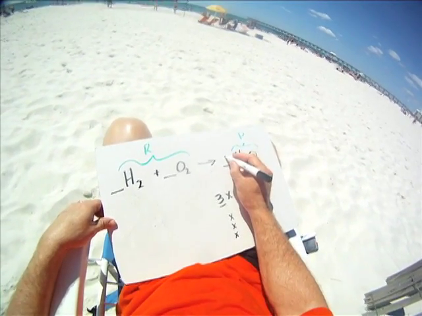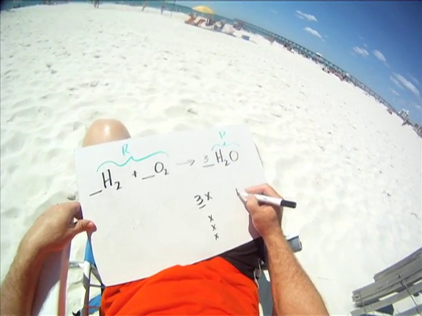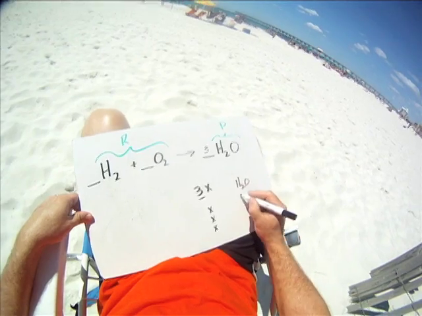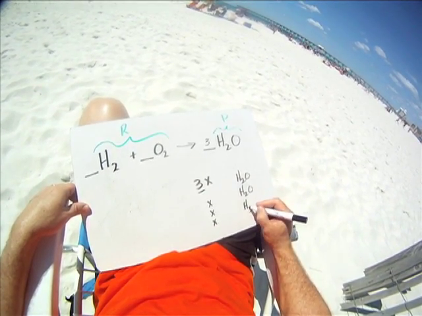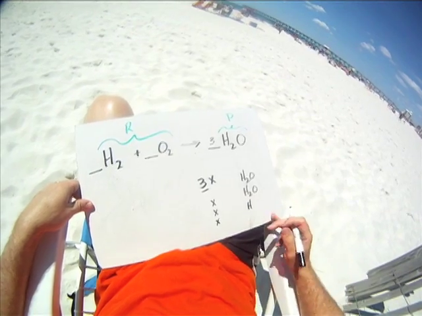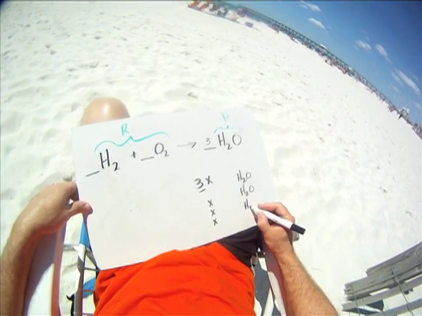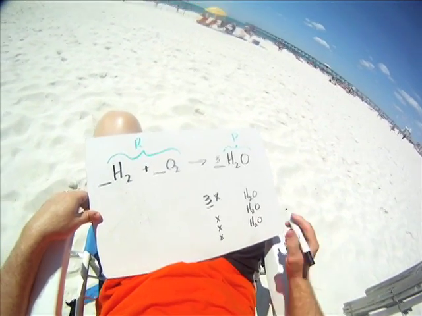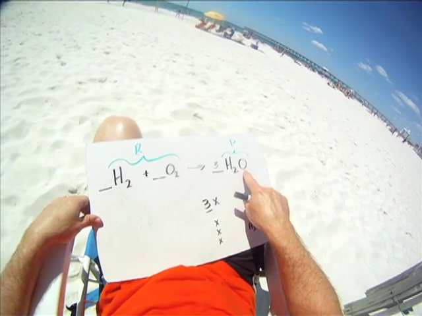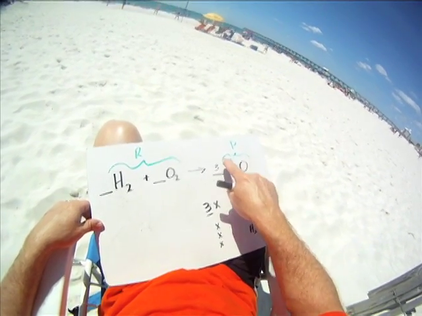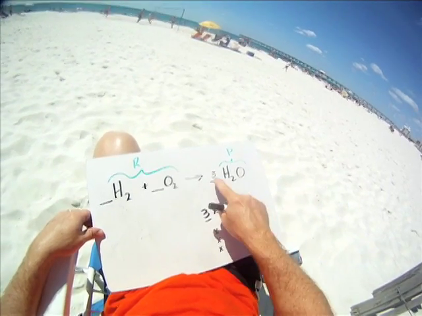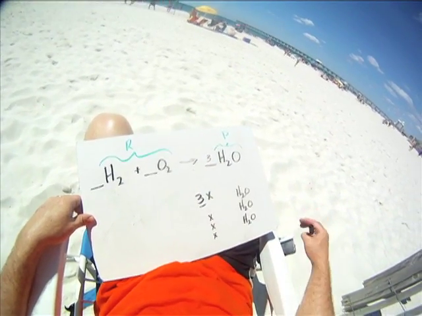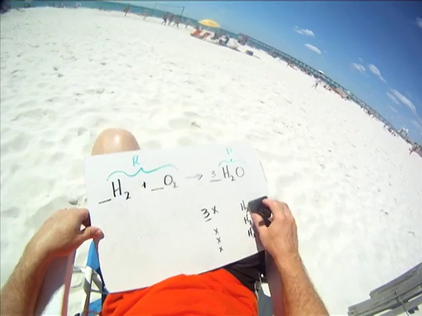But if I placed a 3 here, that would mean there are 3 H2O's. So the only way that I can get 3 oxygens, because this is a molecule, is to change my coefficient to 3, but it's also going to apply to my hydrogens. So I have a little catch there.